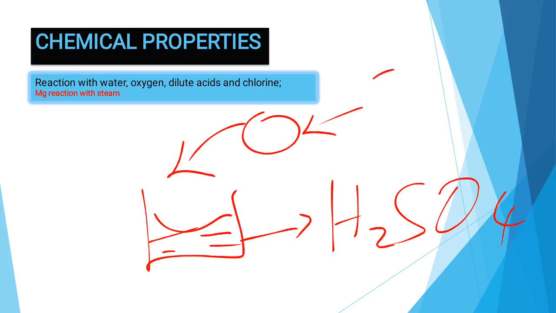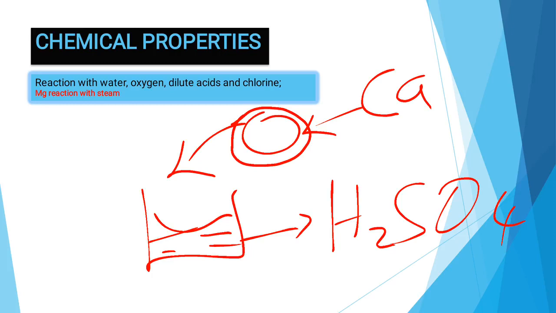This is now your calcium metal. The reaction stops almost immediately because there is formation of calcium sulfate around the calcium, and that calcium sulfate, which is insoluble, prevents further reaction. As a result, the reaction stops.